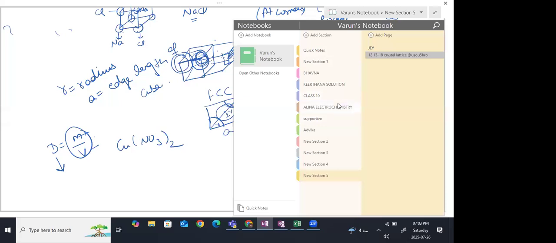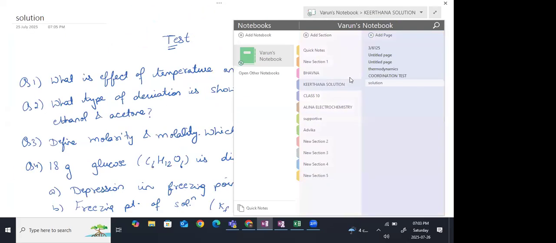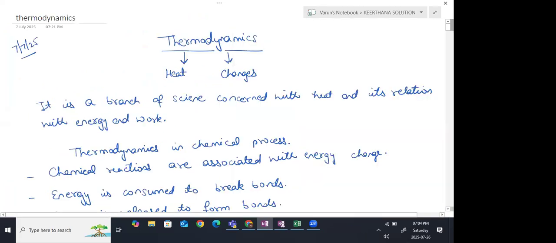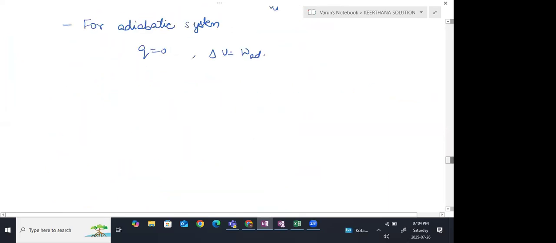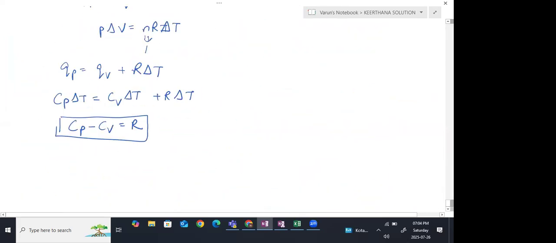Okay. So let's start with the chapter. The last topic that we have done is we have introduced a relation between CP and CV.